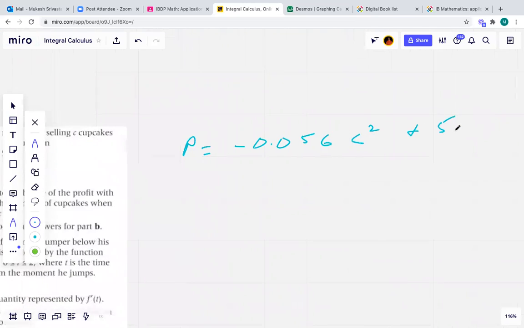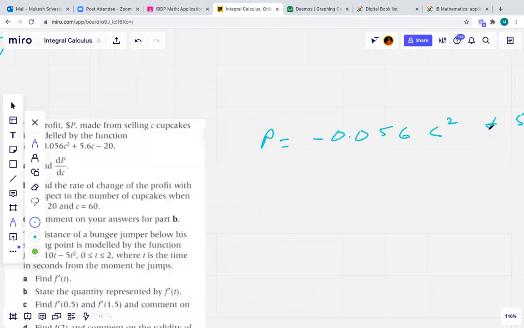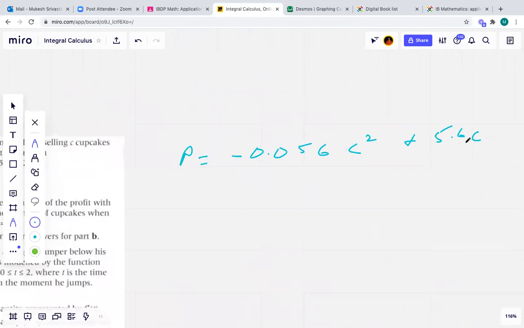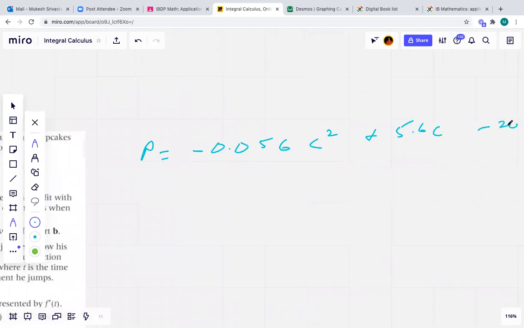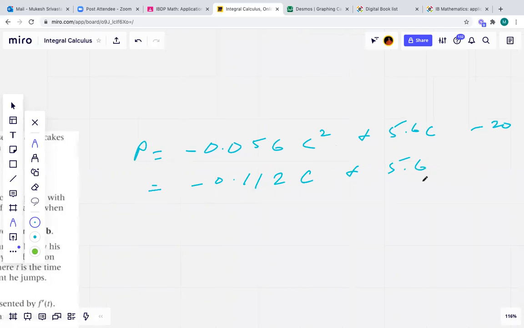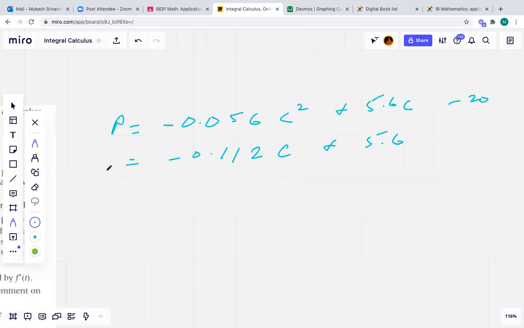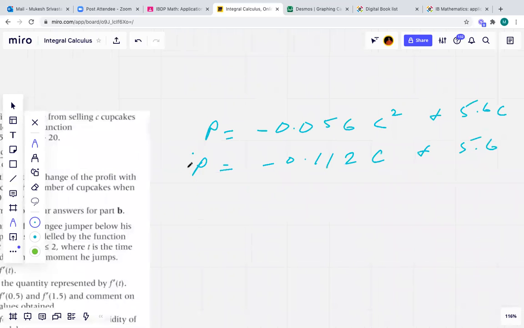So minus 0.112 C plus 5.6. That's my derivative, dP by dC.